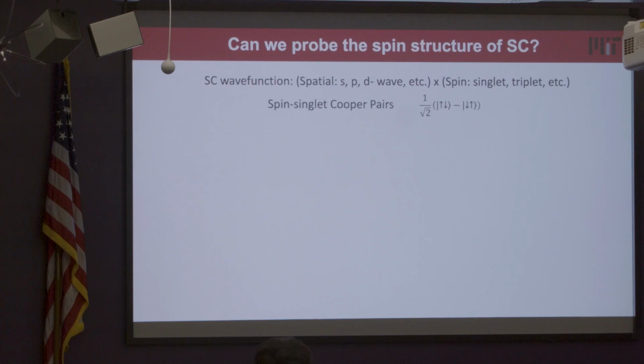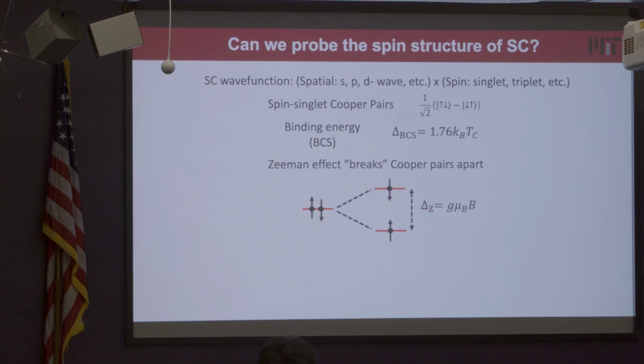So for a very simple BCS type spin singlet superconductor, where the gap can be estimated by the TC through this relation, when you try to apply the Zeeman field to break the singlet Cooper pair, you're going to kill your superconductivity because you literally just kill the Cooper pairs.